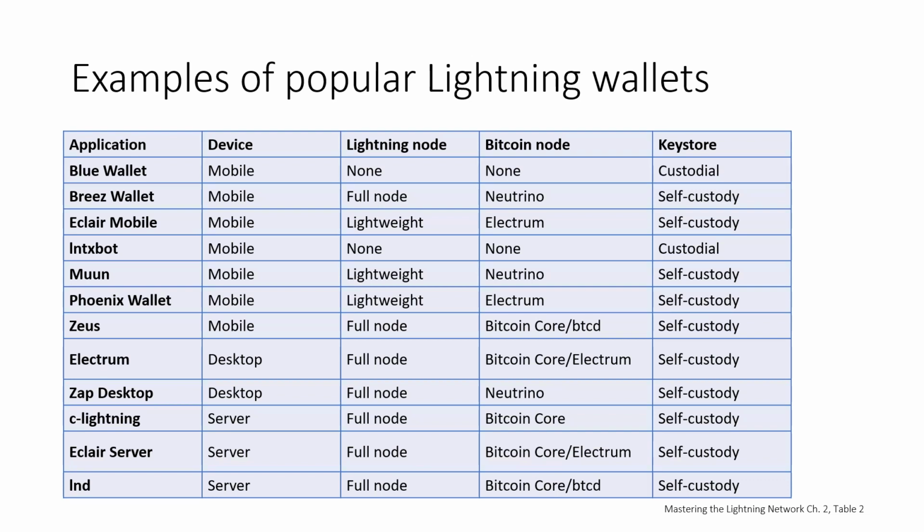Then we have the different types of Lightning nodes associated, whether they have none, full node, or lightweight. Then we've got the types of Bitcoin nodes that are associated with it, Bitcoin Core, BTCD, Neutrino, Electrum, and so on. And then finally, we talk about how the keys are being stored. Self-custody means you have control of the keys. Custodial means a third party has control of the keys.